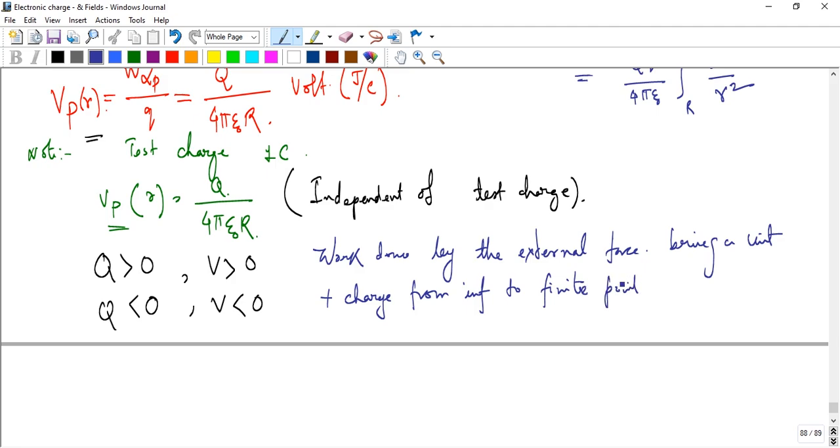That means a negative work done from infinite to a finite point.